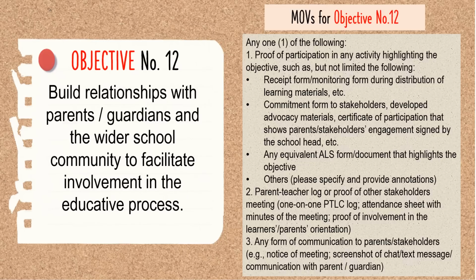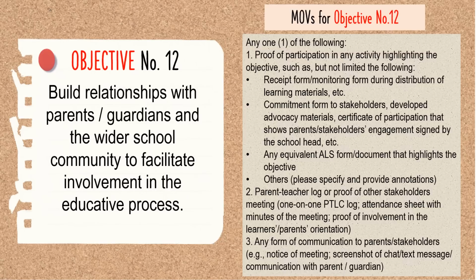Receipt form or monitoring form during distribution of learning materials, commitment form to stakeholders, develop advocacy materials, certificate of participation that shows parents or stakeholders engagement signed by the school head. Any equivalent form or documents that highlights the objective. Others, and please specify and provide annotations.